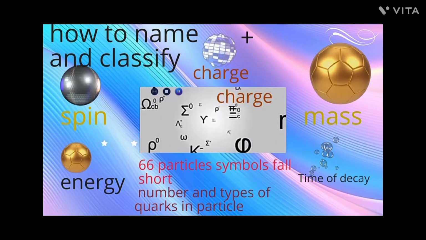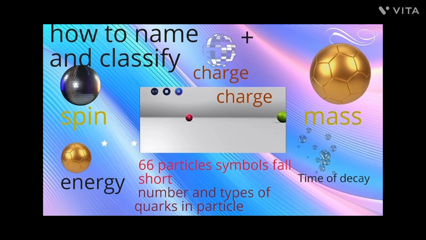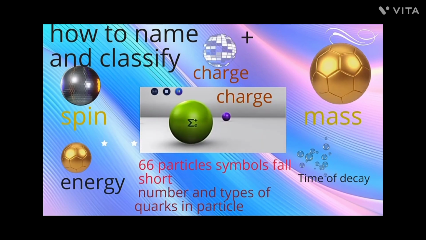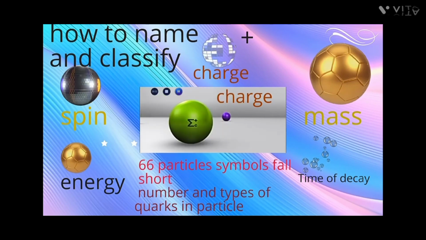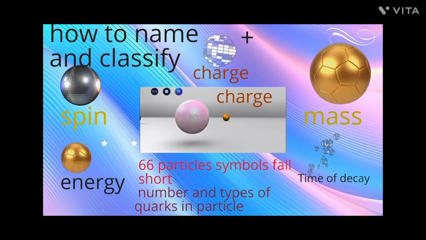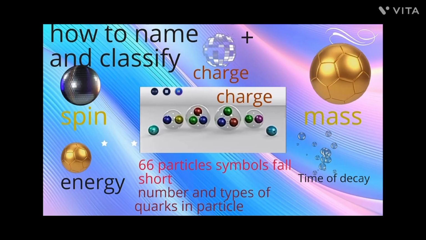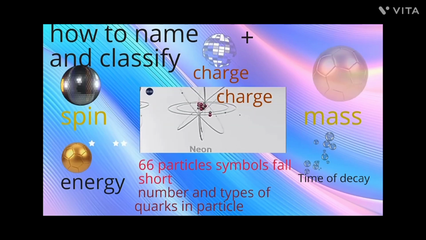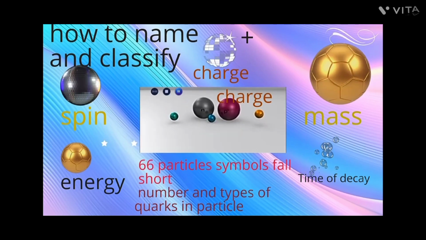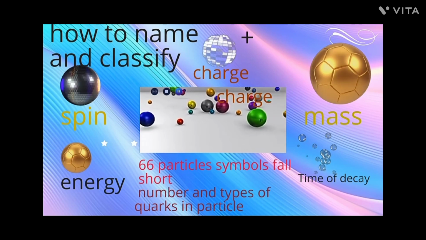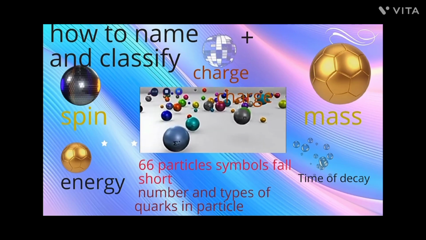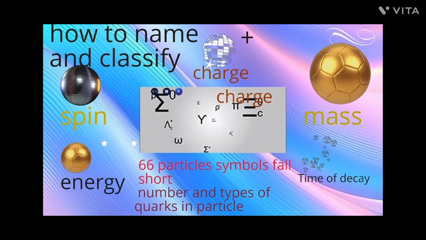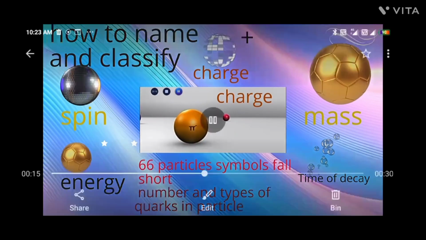What is the total energy it registers? What is the total energy of the particle recorded in the detection system? Some particles decay very fast into other types of particles. They leave their traces. We record the time of decay. How much time does the particle take to decay? So these are the methods employed by the detection system to name and classify the particles.